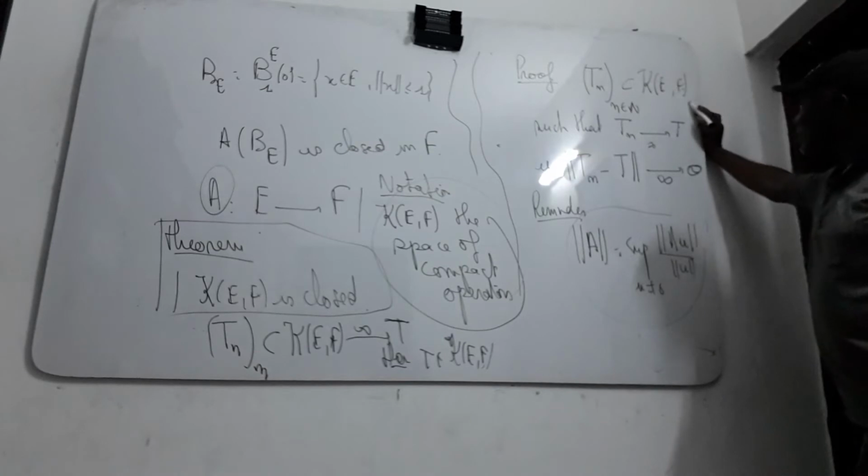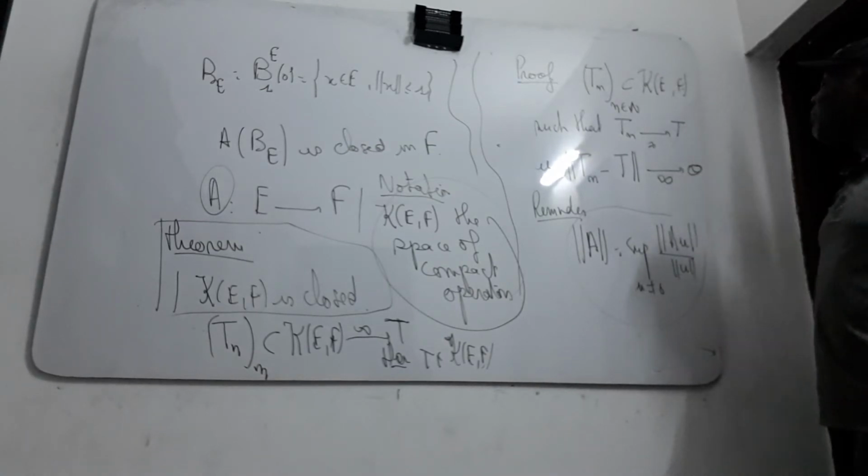Let's prove that if Tn converges to T, then T is an element of K(E, F).